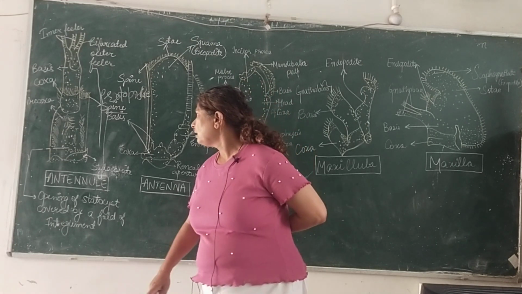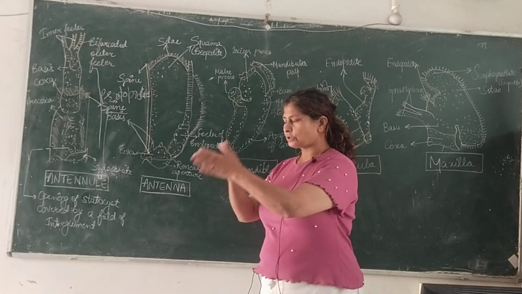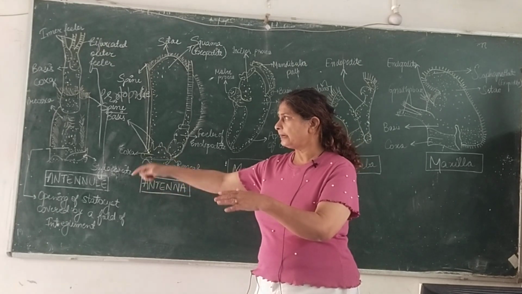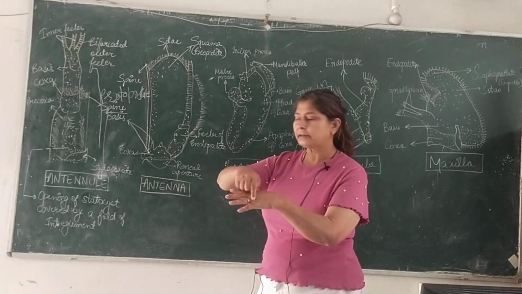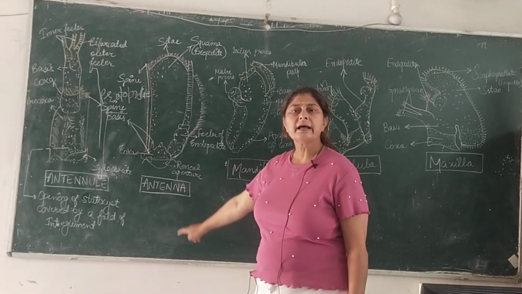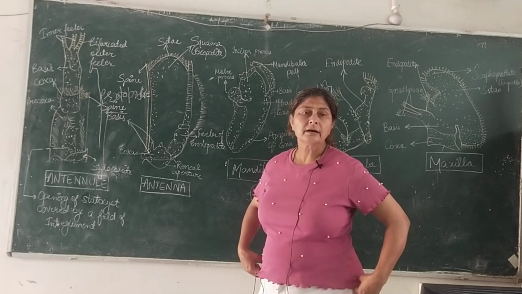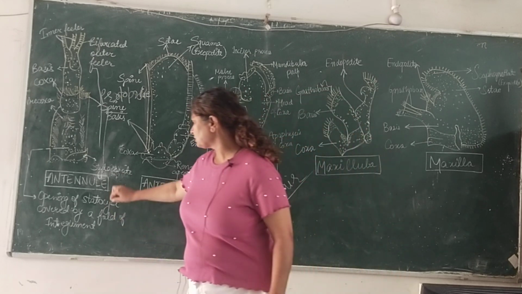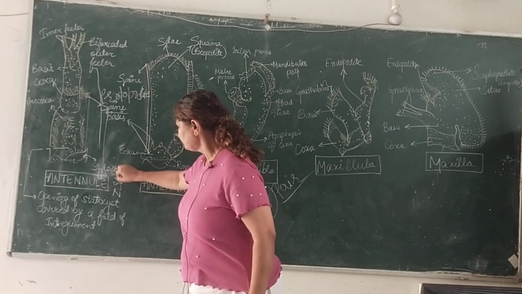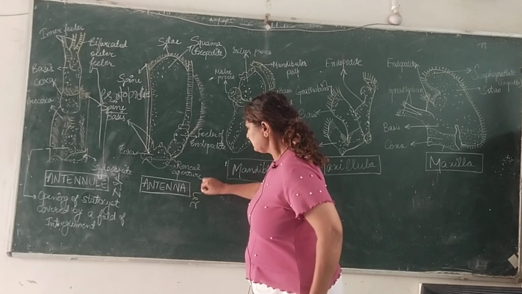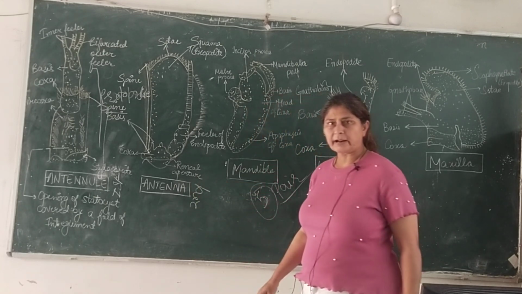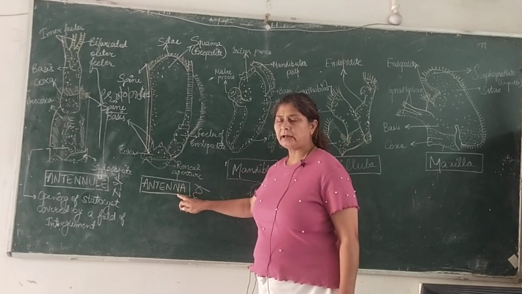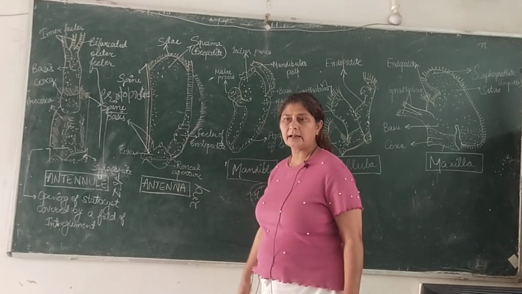Next, after the rostrum comes the eye, after that the antennule. Next to the antennule is the antenna: the first cephalic appendage is the antennule, the second is the antenna.